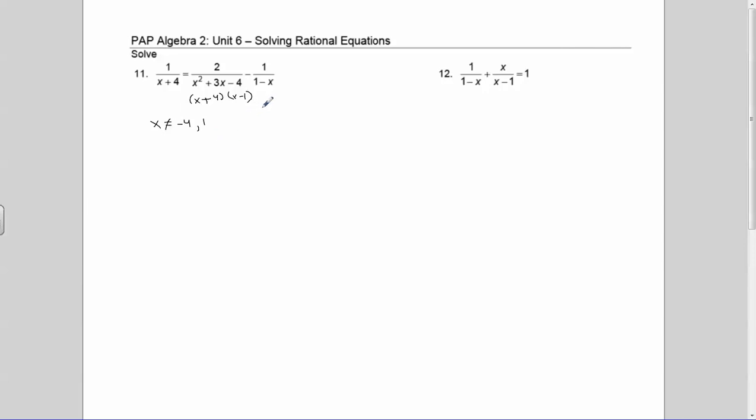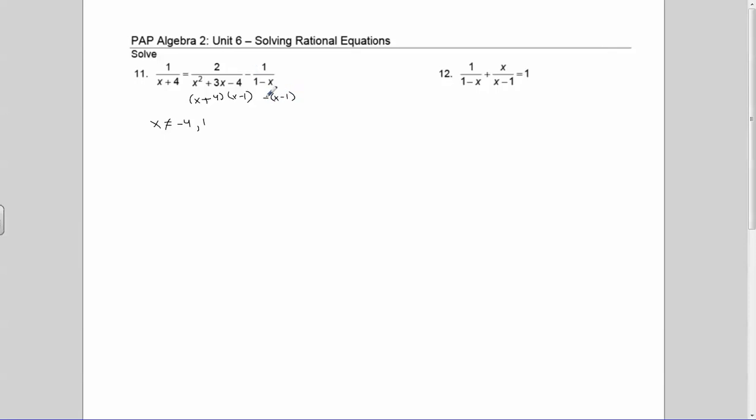Before we find our least common denominator, you can state that the least common denominator is x plus 4 times x minus 1 times 1 minus x. However, a simpler way to handle this would be to factor out the negative here, so we have negative x times x minus 1. So negative times x minus 1.